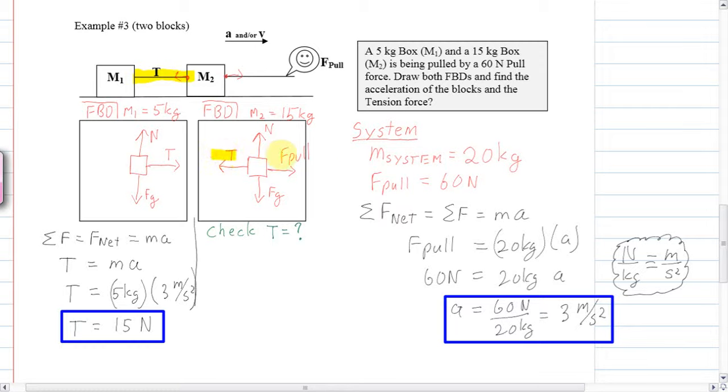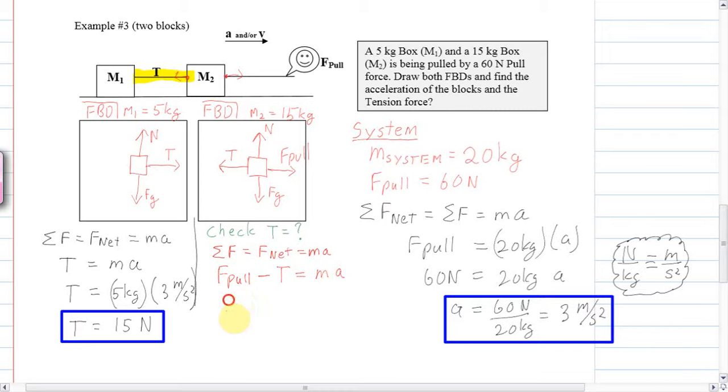This is the direction of motion. Those are the only forces that we're interested in. I'm going to delete that yellow arrow. Those are the forces that we're interested in because that's the direction of motion. So the sum of the forces is equal to F net equals ma. There's two forces here now: F pull minus the tension, and that has to equal ma.